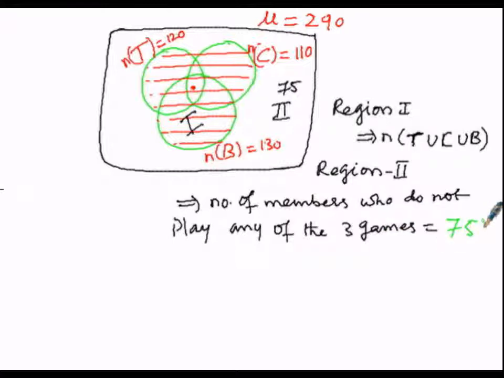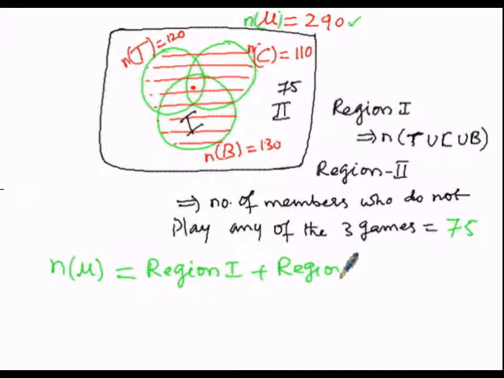So here when we add up to get the total, that is the universal set, we have to add region number 1 plus region number 2, which gives us n of mu. So n of mu is equal to region 1 plus region 2.